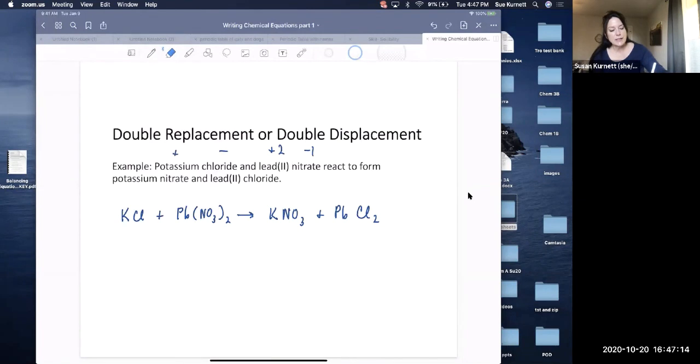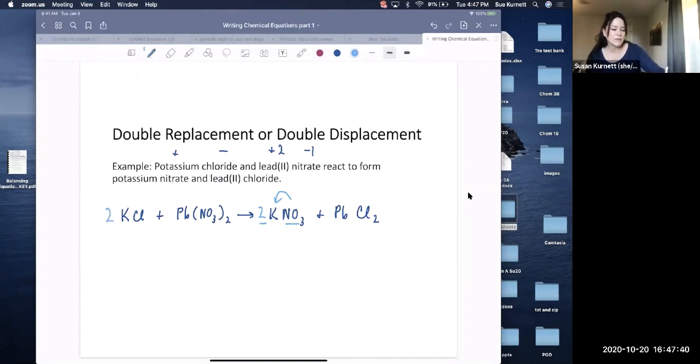Okay, so I'm going to look at lead 2 nitrate, and there's one lead, lead is good. 2 nitrates, 1 nitrate, I need a 2. As soon as I add my first coefficient, once I add the 2 here for the nitrate, I then look at the partner it's with, potassiums. And then I go to the other side of the arrow. Oh, I need 2 potassiums.